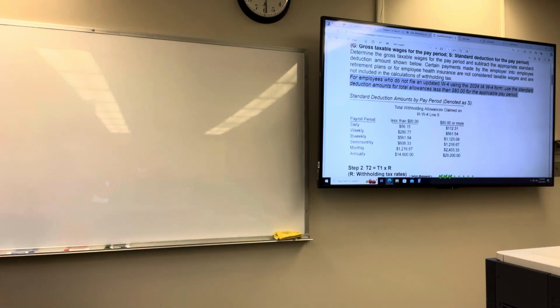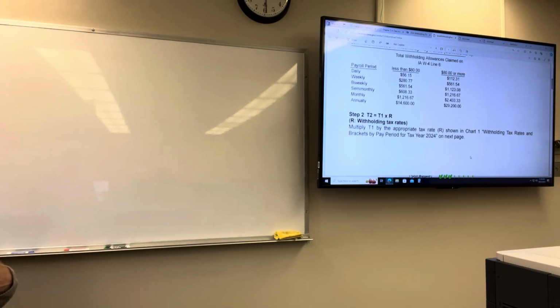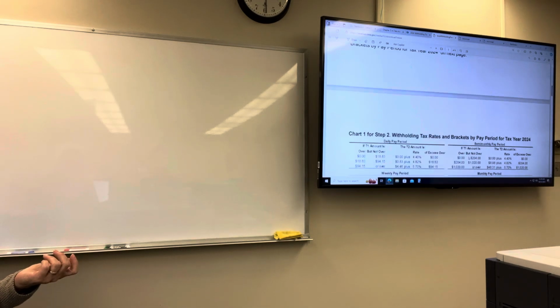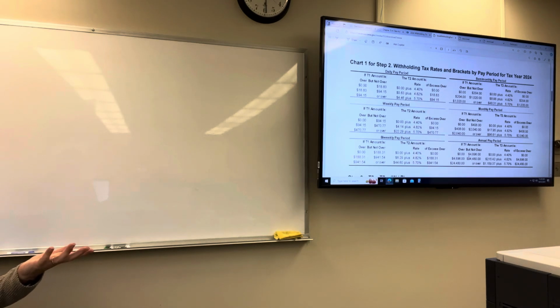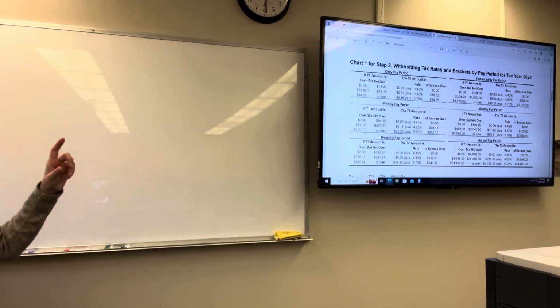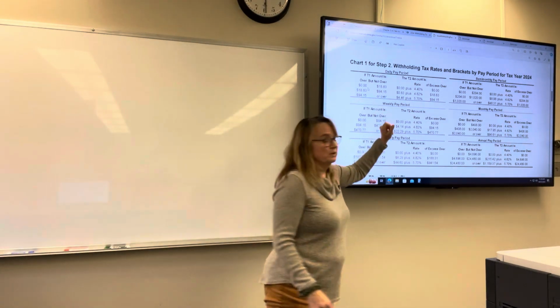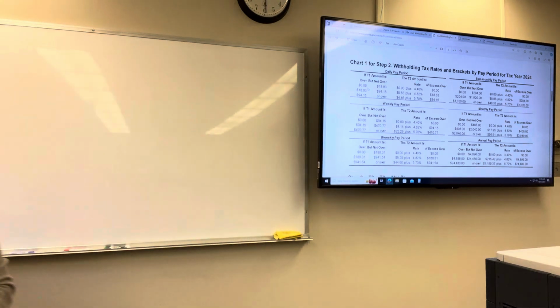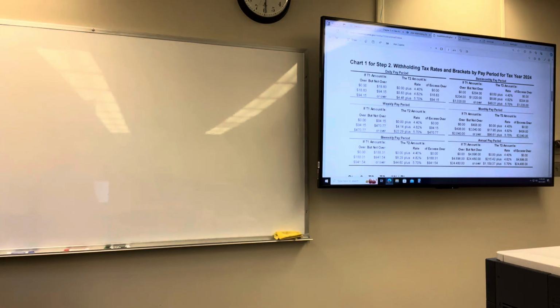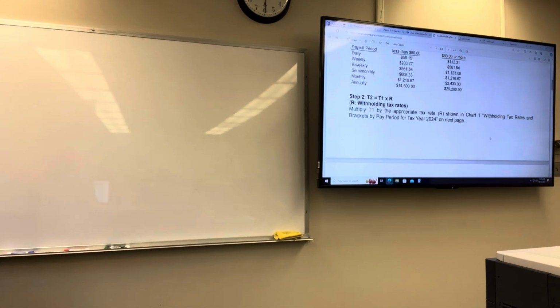T1 was our result in the first step. R is our withholding rates, and these should look very familiar. As you can see, there are only 3 because we've only got 3 tax rates for 2024. Depending upon what T1 is, it's 83 cents plus whatever the rate is of the excess over, same concept.